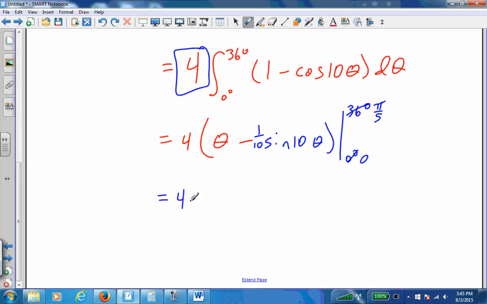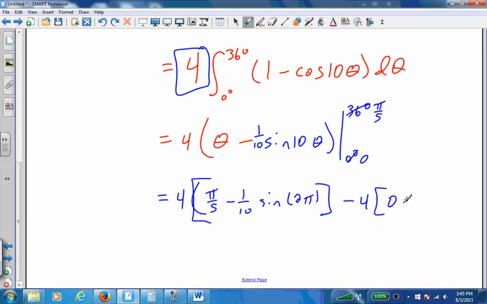So we get 4 times pi over 5 minus 1/10 sine of 10 times pi over 5. What is 10 times pi over 5? 2 pi. Minus 4 times, put a 0 in, 0 minus 1/10 sine of 10 times 0, which is 0.